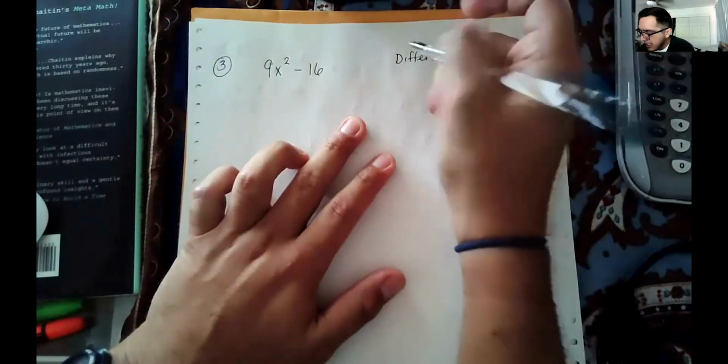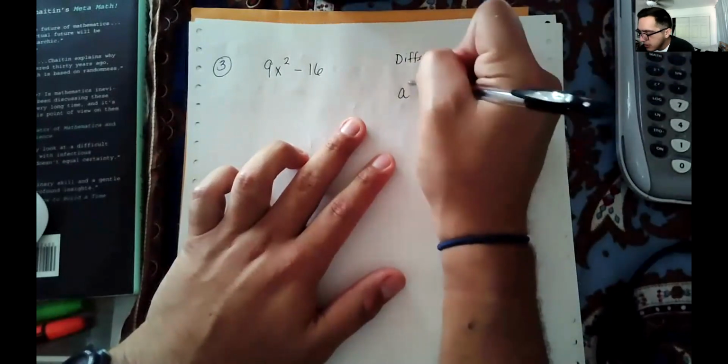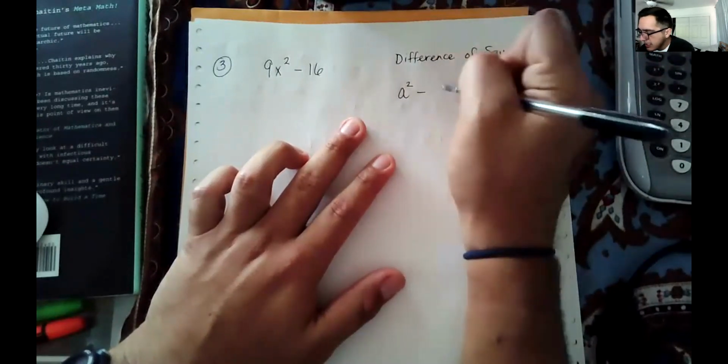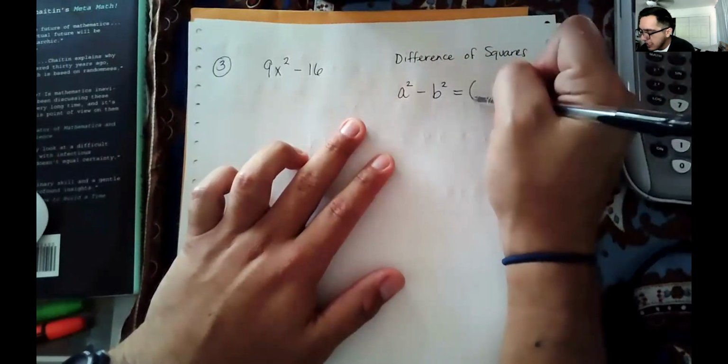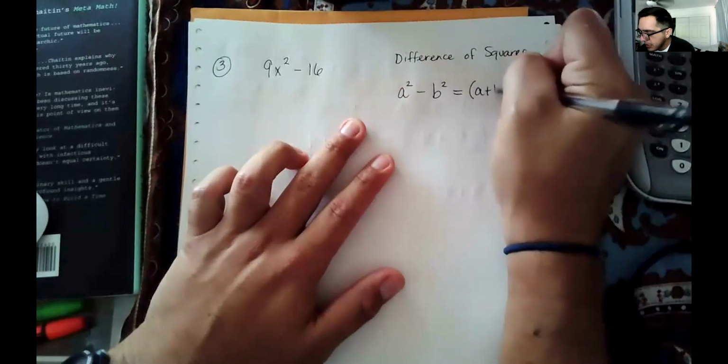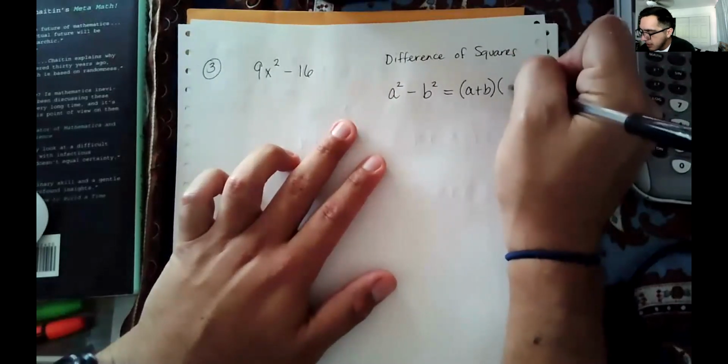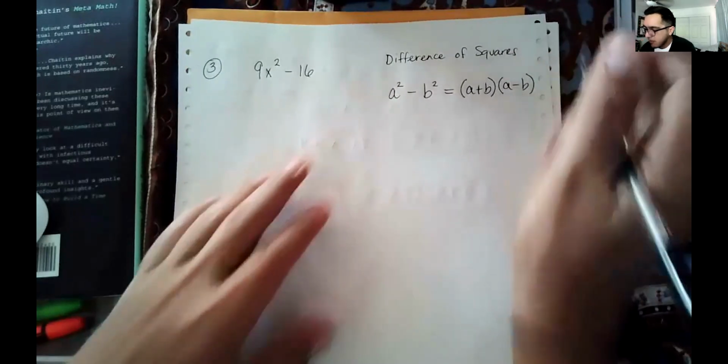And that is if you have something squared minus something else that's squared, we can factorize that into a plus b times a minus b.